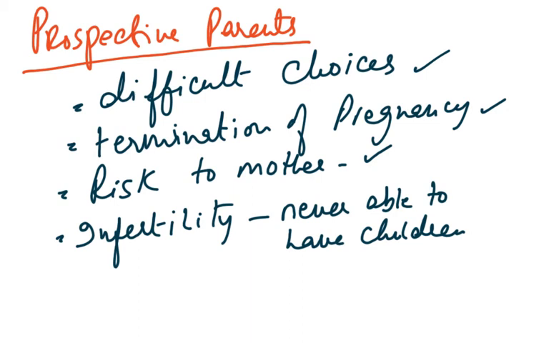And then sometimes women who've had an abortion will never ever be able to conceive, and that's called secondary infertility, in which she develops some problems, either the oviducts get blocked or something else happens, and she is never able to have children all her life. So these are very difficult choices for prospective parents.